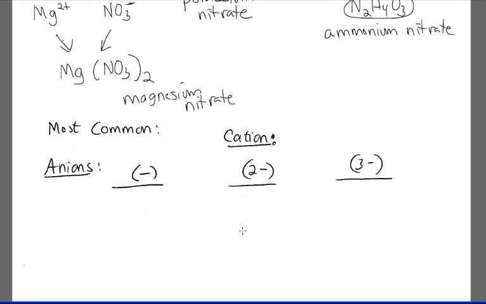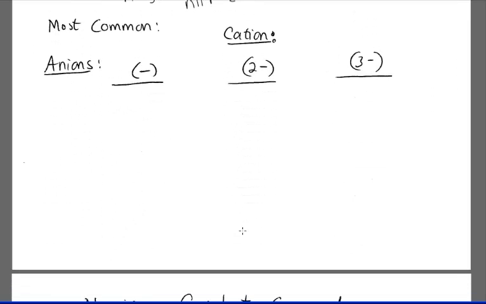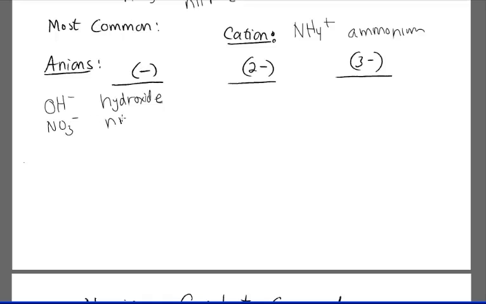So what are the most common polyatomic ions? There's only one commonly used cation, and that's ammonium. Most of the polyatomic ions are anions. I'm going to divide them into ones that have a -1 charge, a -2 charge, and a -3 charge, and write them all here. OH- is hydroxide. NO3- I've already done, nitrate.